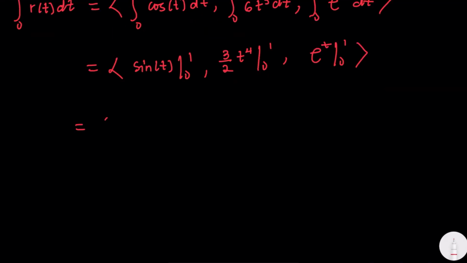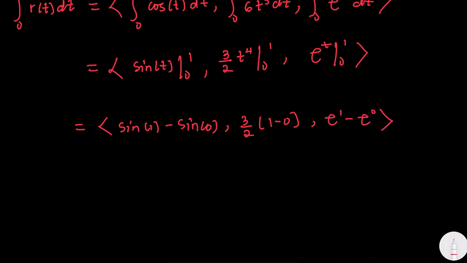So let's evaluate this. You're going to have sine of 1 minus sine of 0, that's the upper limit minus the lower limit, and this will give us 3 over 2 times (1 minus 0), then e to the 1 minus e to the 0.